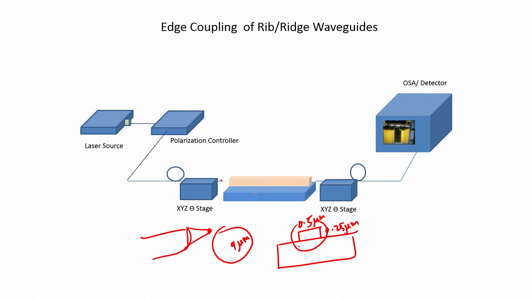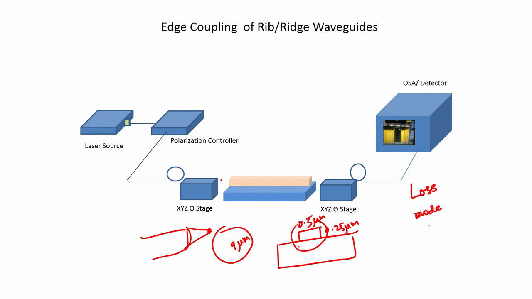We need to have mechanisms where we can inject light into this integrated optical device very efficiently. At this moment we are considering the characterization, where we would like to measure the properties of this device like loss of the waveguide, the mode field properties and so on.